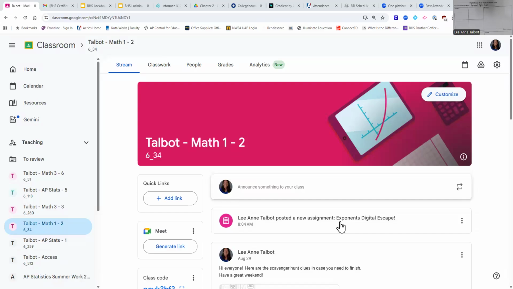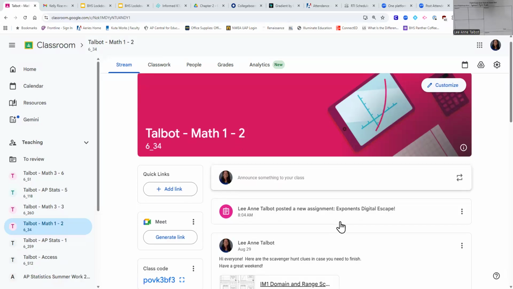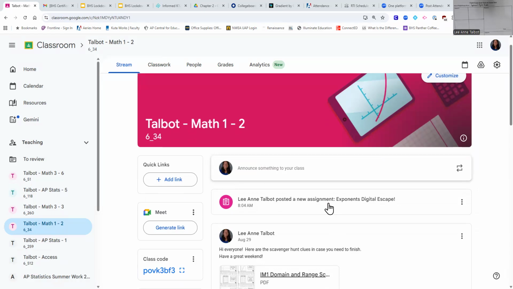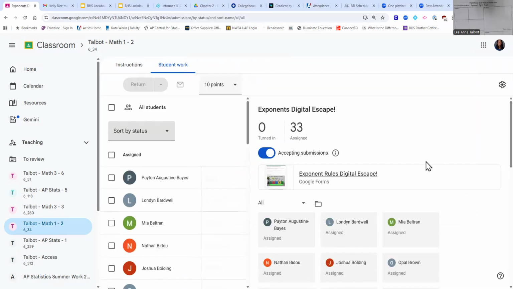Okay, so I'm in our Google Classroom. The top post is Exponents Digital Escape. And that's not what you wanted to see. Here we go. Why is it?